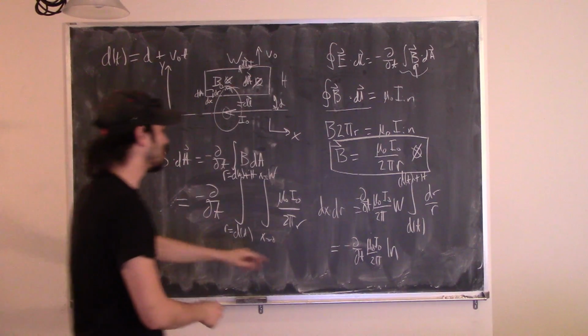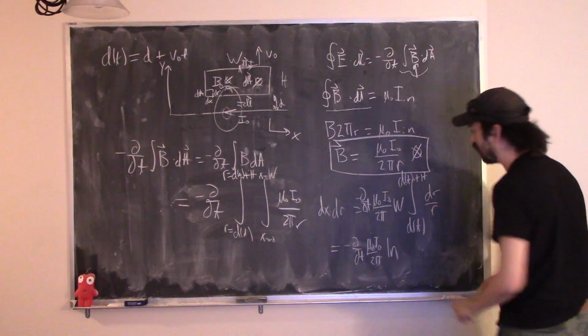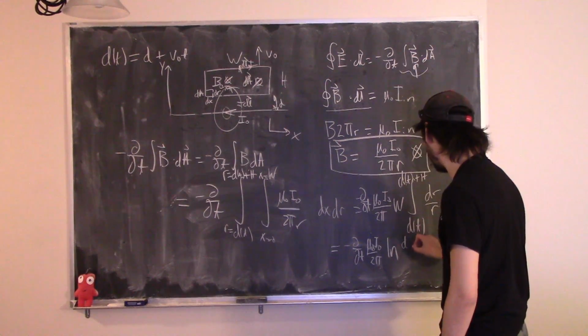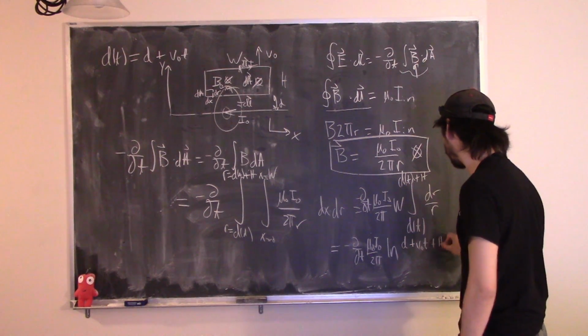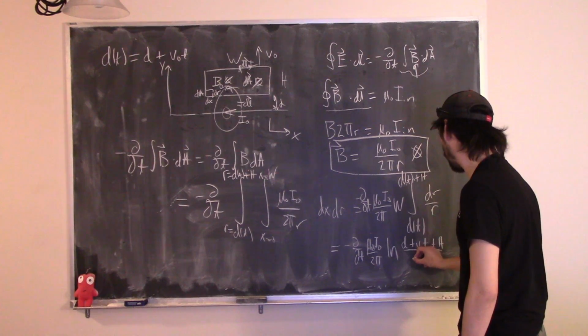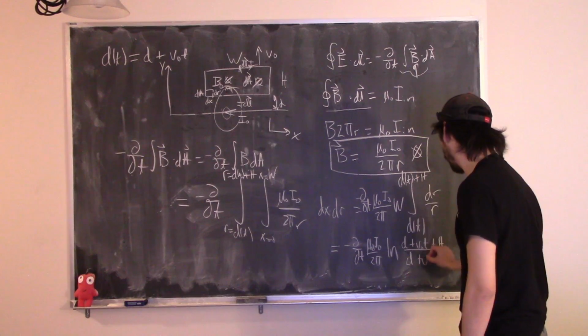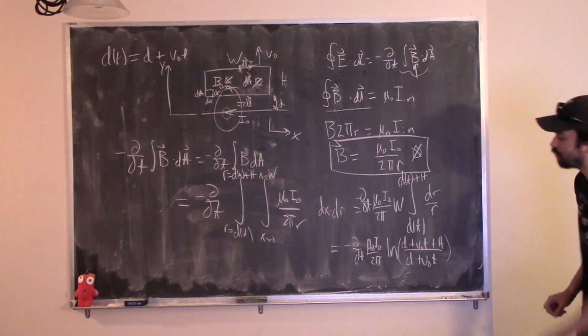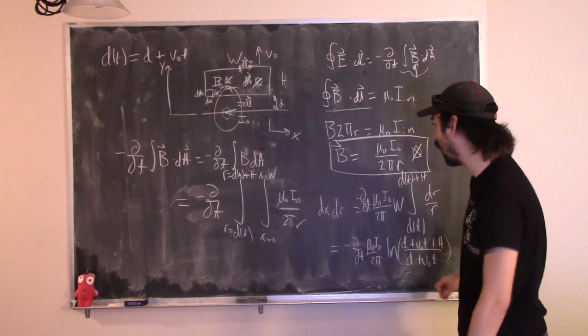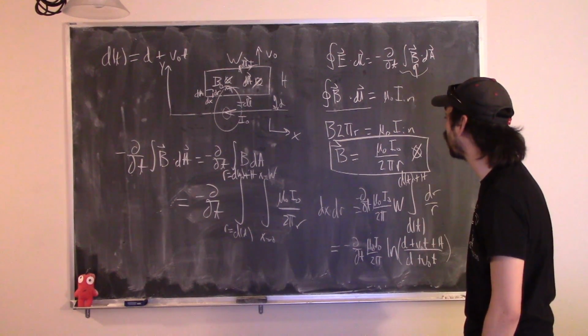So when I do this integral, I'm going to end up having some d plus v0 t plus h, divided by d plus v0 t. Okay.